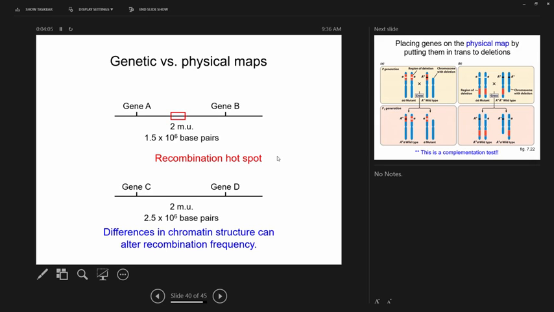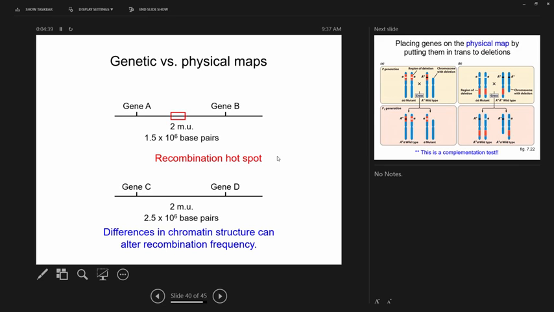Due to chromatin structure, so how the DNA is complexed with histones, which we'll talk about in chapter 11, and packaged, there can be certain spots in the chromosome called recombination hotspots. These are areas where recombination happens a lot more frequently than it would if everything was fair, right? So even in genetics, I'm going to tell you life's not fair, right?